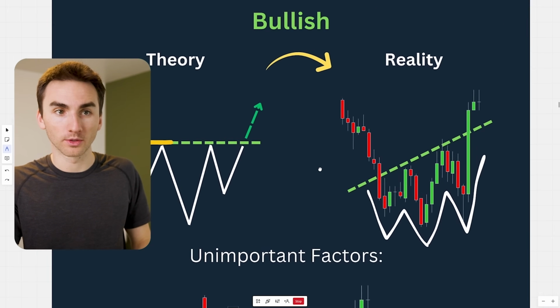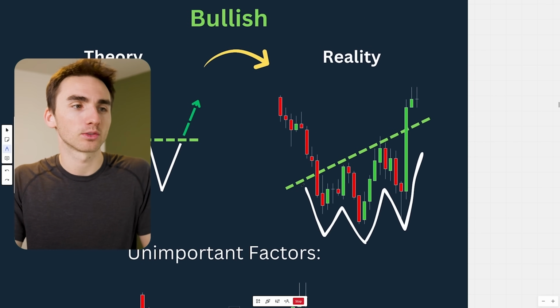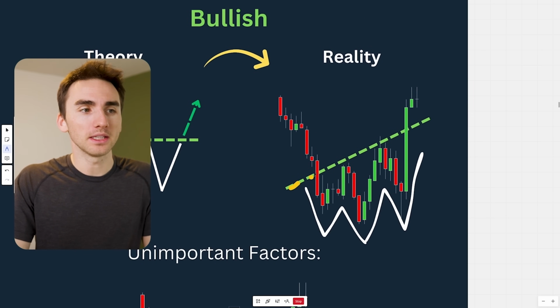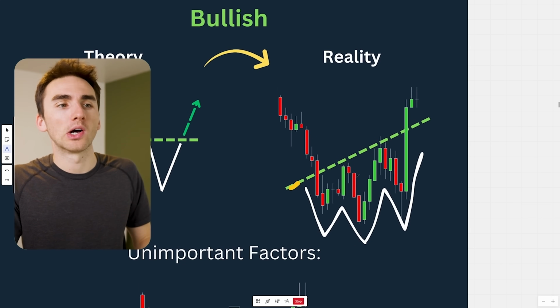And so the reality, and an unimportant factor I kind of brushed on in the last one, is you don't need this neckline. It does not have to be flat like this. It can be other ways.